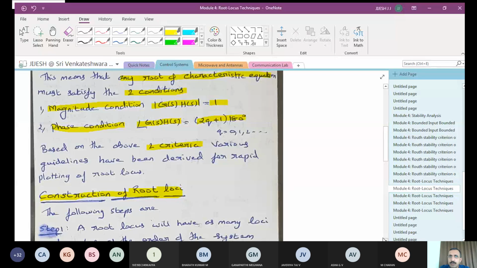You can work on those things as a mini project, in a group of 5 students together. The maximum number of students can be 5. So make a team of 5, try one small mini project, and submit it. You can do root locus, Routh-Hurwitz criteria, bounded input bounded output, anything with respect to control systems, whether it is in the syllabus or not, not an issue.